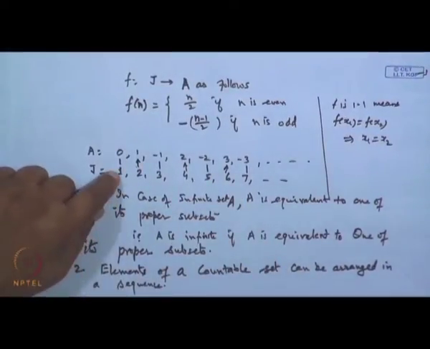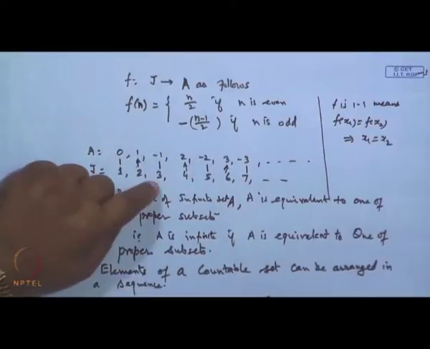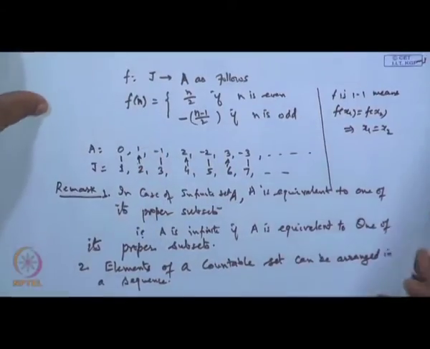So, corresponding to 1 we get x1, corresponding to 2 we get x2, corresponding to 3 we get x3. So, this forms basically a sequence.